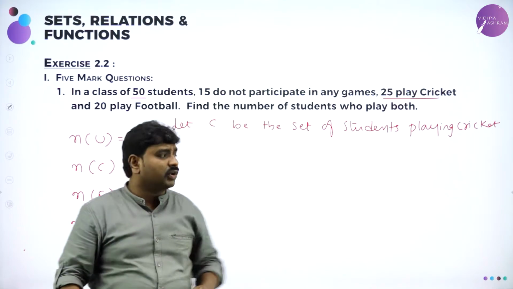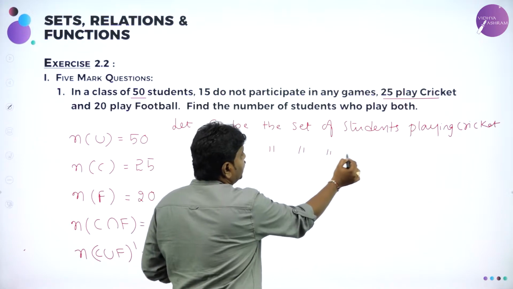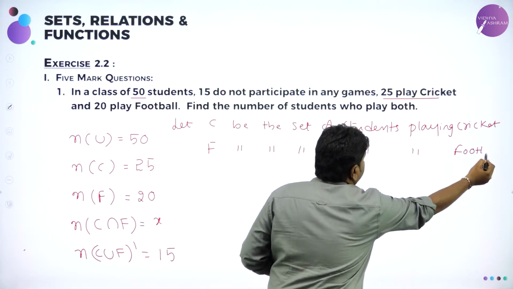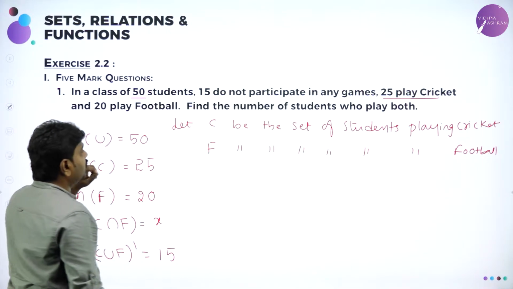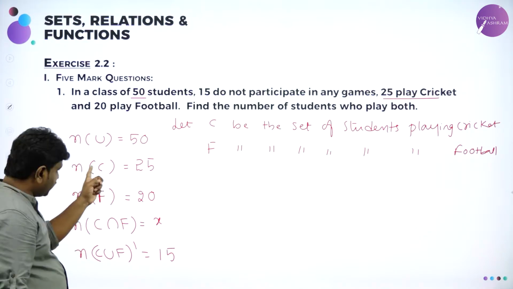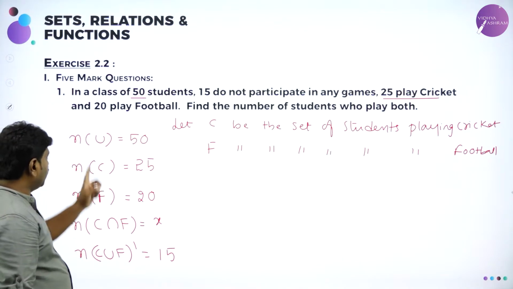Set of students playing football. So like that first I'll symbolize. Now you know what is C, what is F, what is given. 25 play cricket, so n of C, the number of elements in the set, is 25. n of F, 20 play football, n of F I wrote.